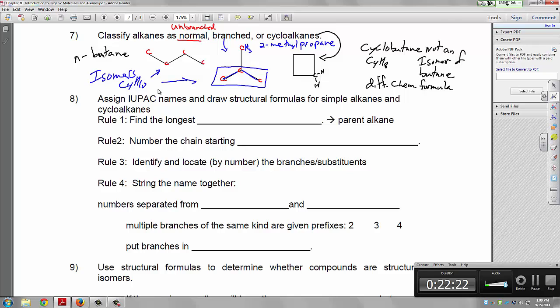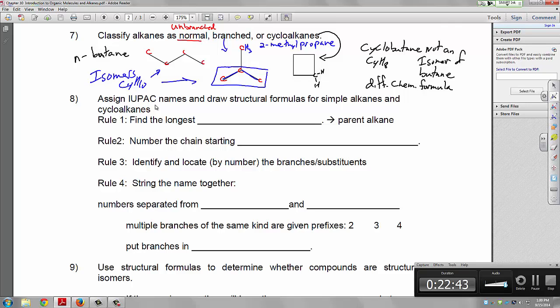In order to be isomers, they must have the same chemical formula. So N-butane and 2-methylpropane are isomers, same chemical formula. Cyclobutane is unrelated.